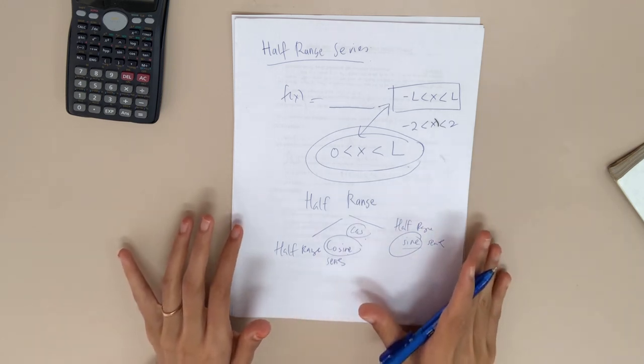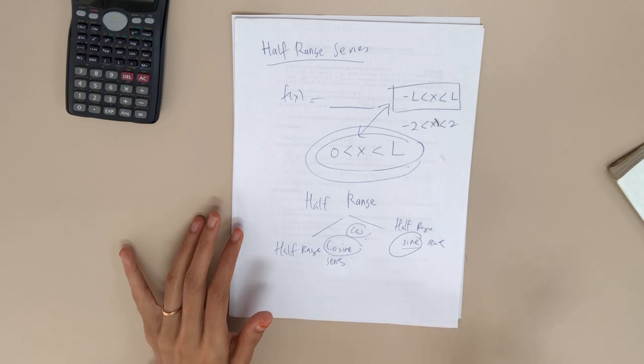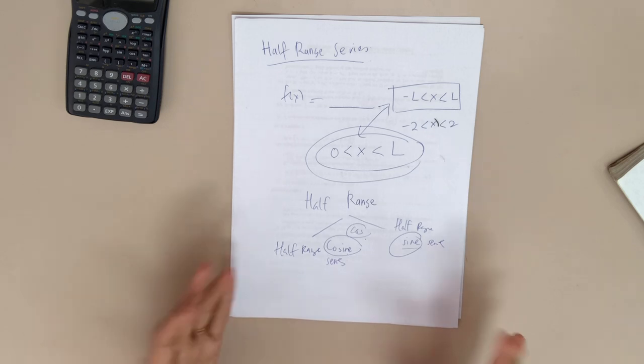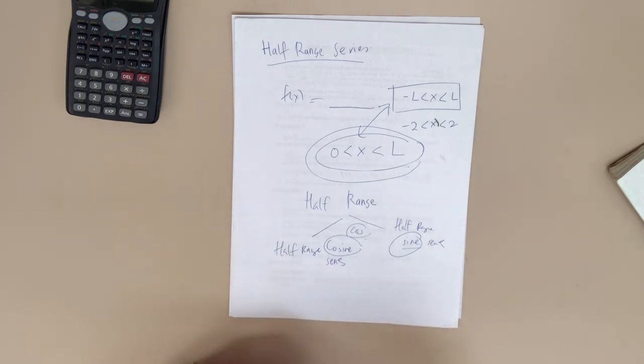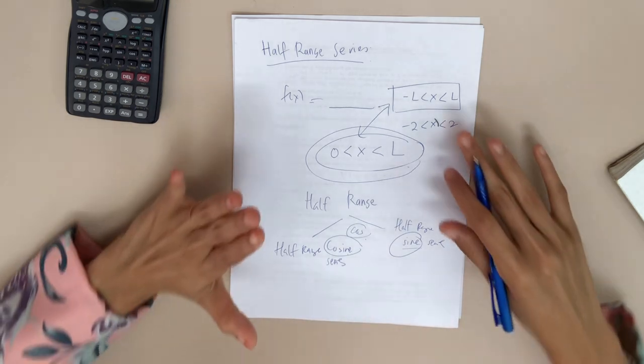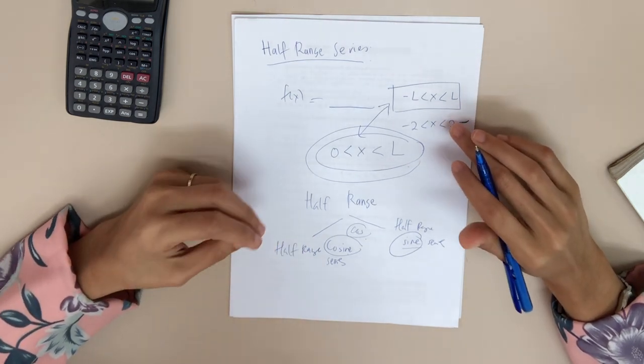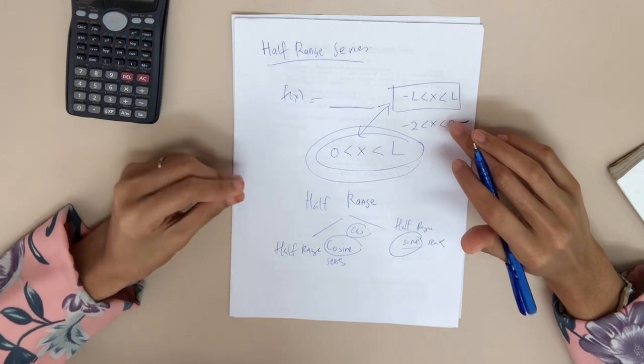If the question asks you to find half range and doesn't state whether it is cosine or sine, it means you need to do both, not neither. Both means you need to do it for cosine, and also for sine. There is nothing new for this topic, it just remains the same as the previous one.